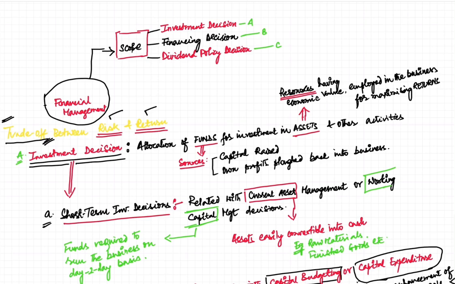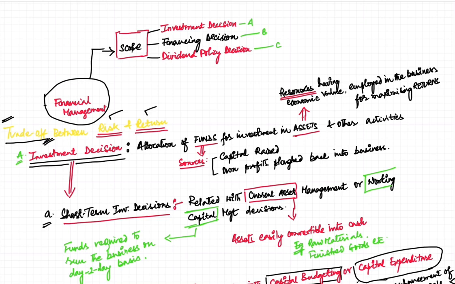Using a thing for purposes other than its stated purpose is what we call a trade-off. Now, financial management is a trade-off.